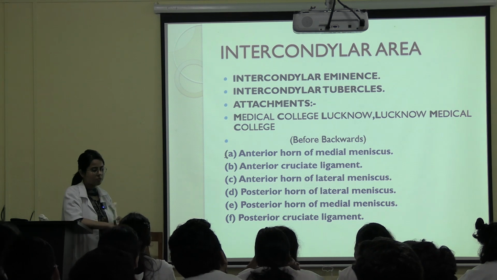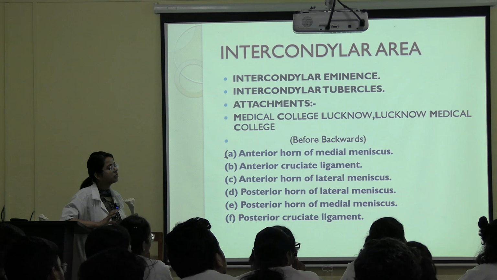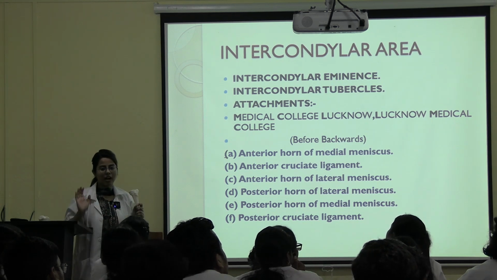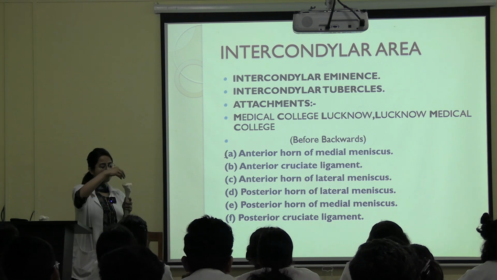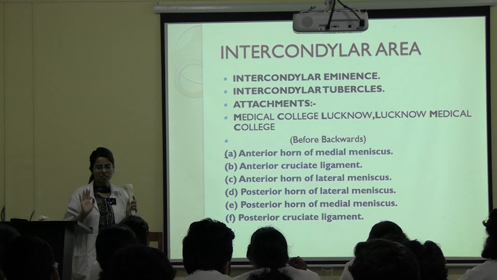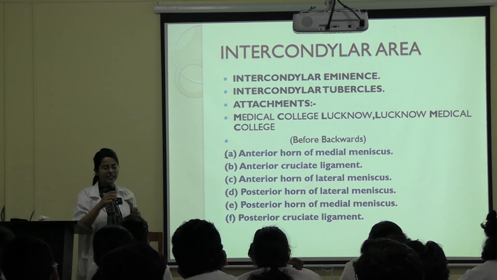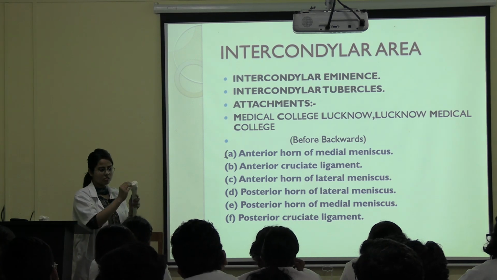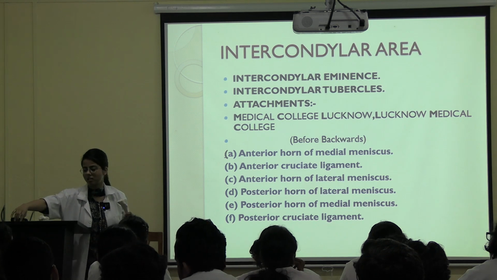It is basically a fibrocartilage which will be present between the articular surfaces of tibia and femur. Clear? It acts as a shock absorber. It increases the condylar area so that the femoral condyle can fit into it. Okay, so these are menisci.